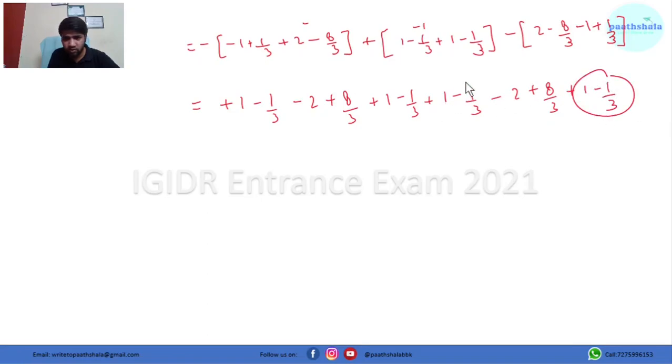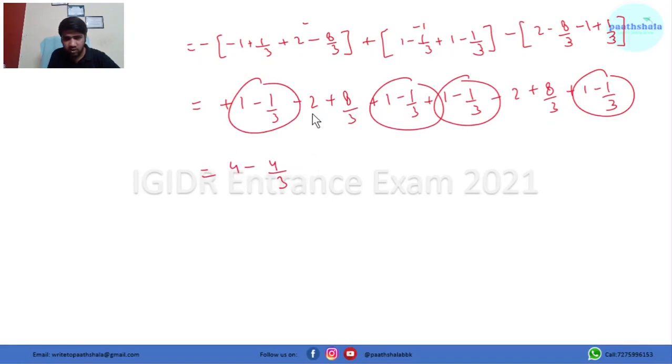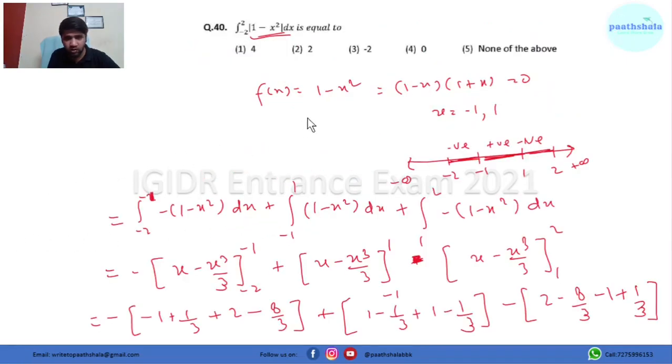There are 4 segments of this, so you can see that this is 4 minus 4 by 3, and minus 2 will become minus 4, and 8 by 3 plus 8 by 3 is plus 16 by 3. 4 and 4 get cancelled out, so this is 16 minus 4, that is 12 by 3. So ultimately this comes out to be 4, and if we go by choice, the first option is our answer.